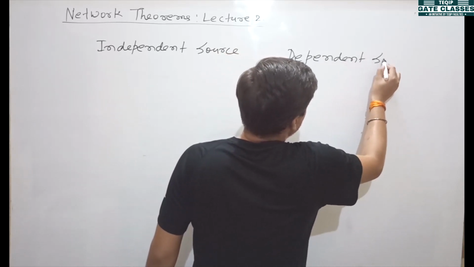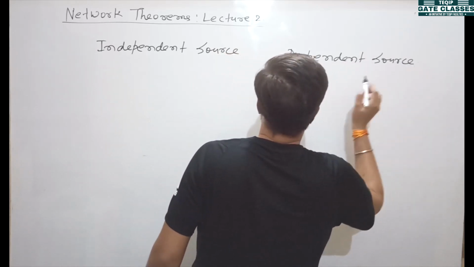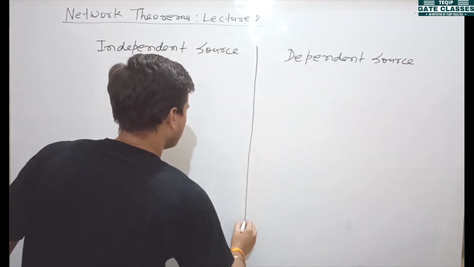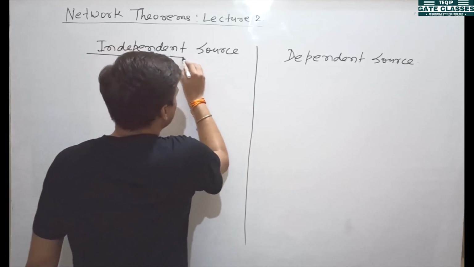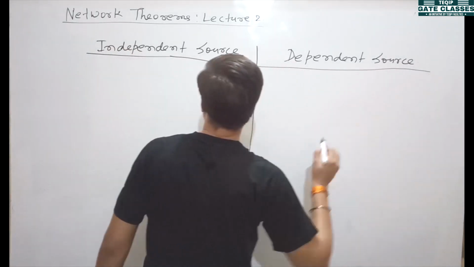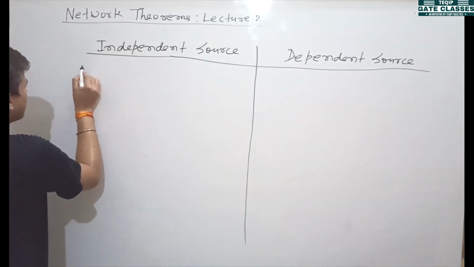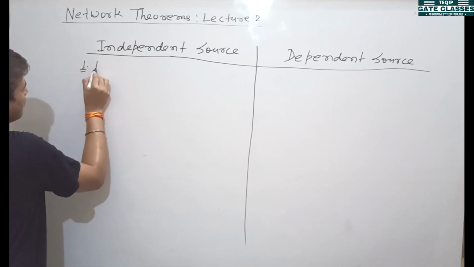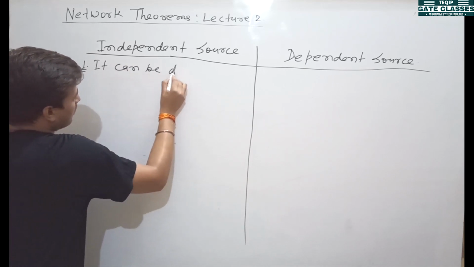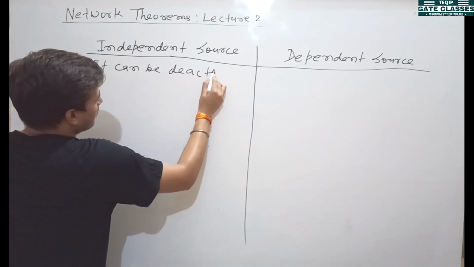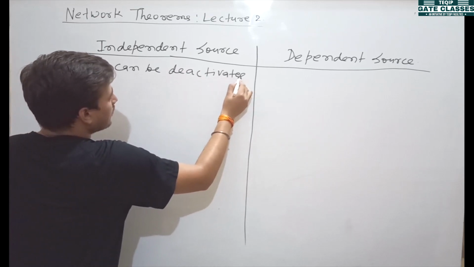These all are very important points, so note all the points. The first point: an independent source can be deactivated.